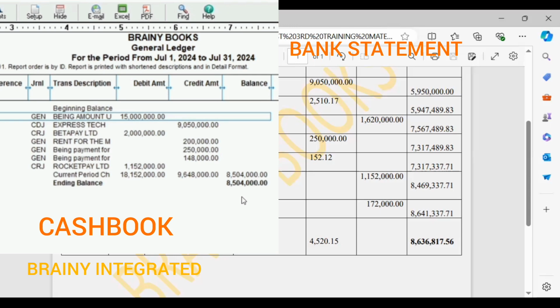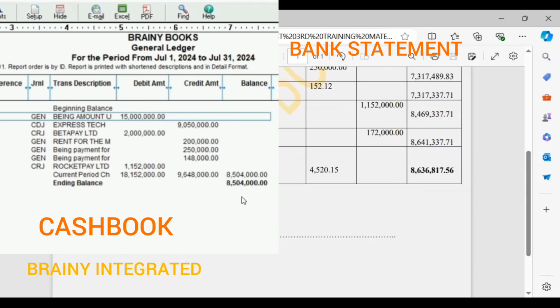Now the next transaction we want to check is 1,152,000. Can we find it in the cash book, the debit side? Yes, it's there, right? So that one is cleared. The next transaction is 172,000 naira.